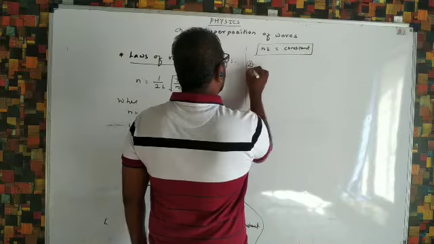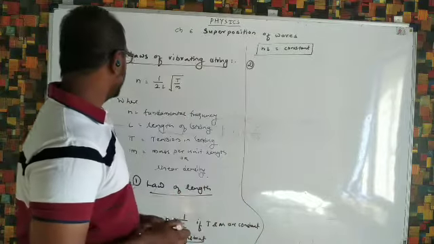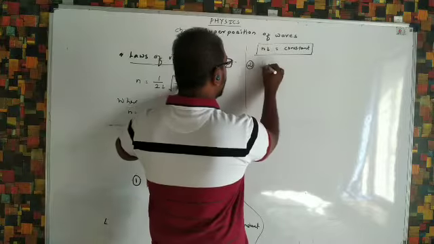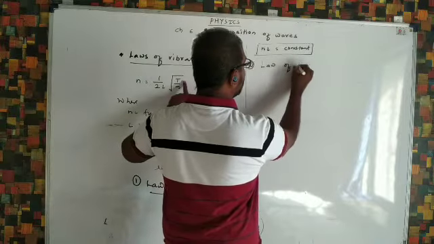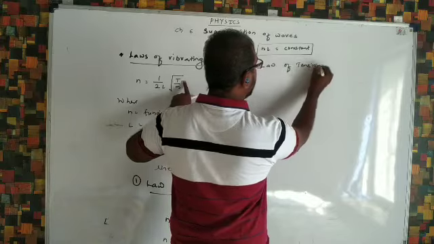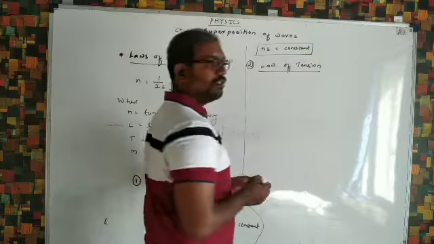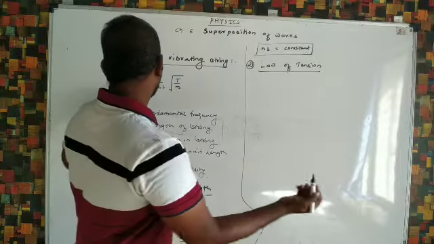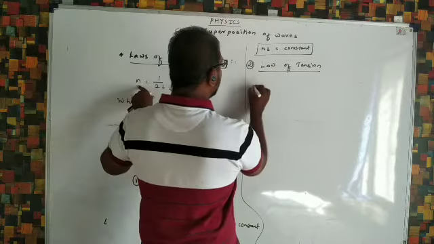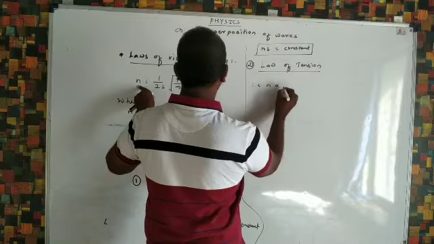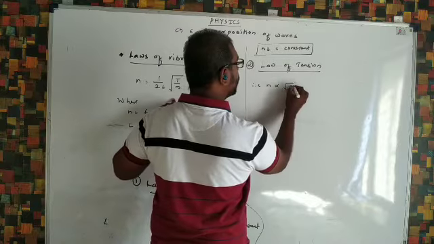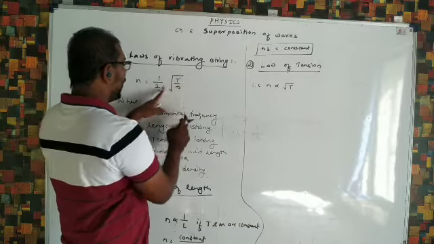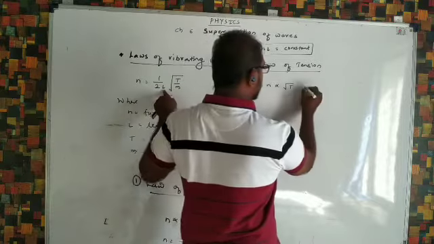After that, the second law of vibrating string, which is related to tension. The second law of vibrating string is also called the law of tension. Mathematically we can write n is proportional to square root of T, the relation between n and T, if L and m are constant.